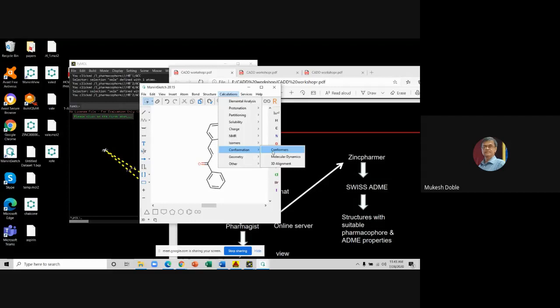That is the confirmation which the molecule will attain so that the energy is minimum. Thermodynamically, all structures in vacuum will attain a minimum energy confirmation so that the delta G is minimum. In solvents or some other medium, or in the presence of something else, it can change, but in vacuum it will try to attain a minimum energy confirmation. So we can get that for the molecule I have drawn here using this particular command.